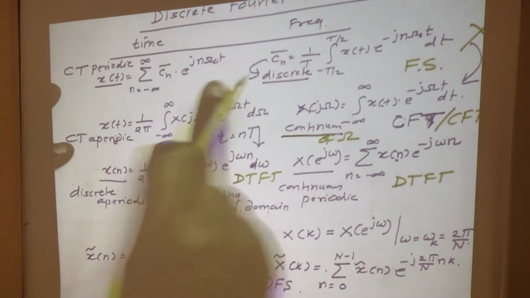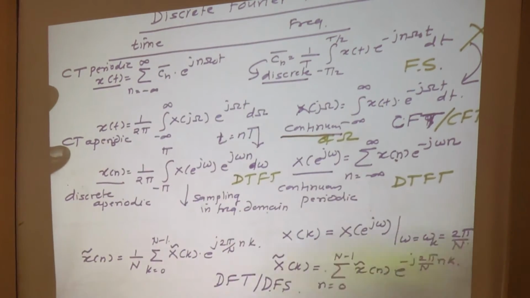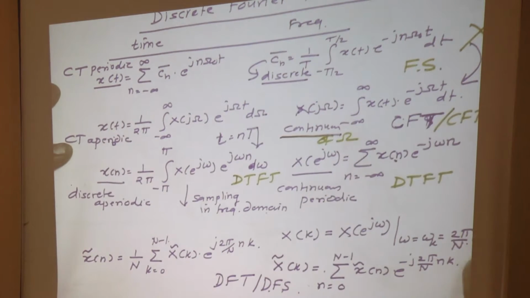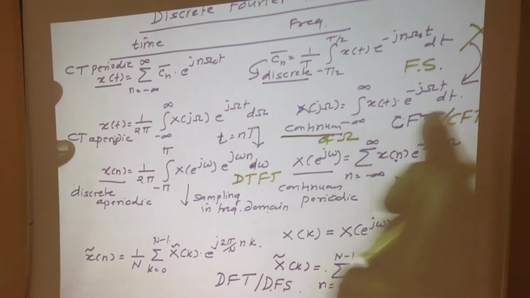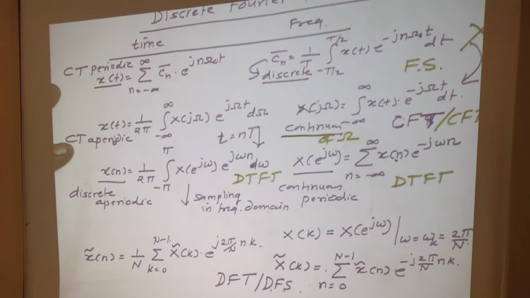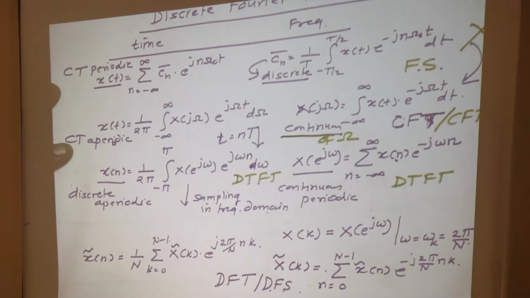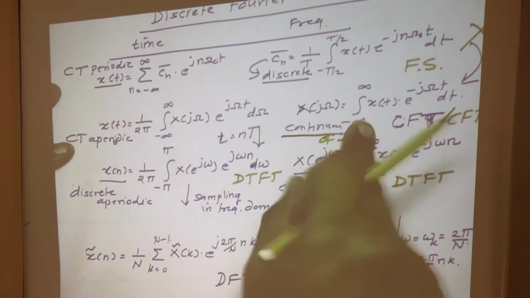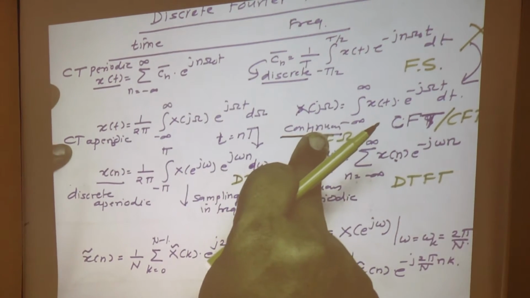Since infinity is not realizable, these equations cannot be implemented on a digital computer. So also is this, where it's continuous. Digital talks about only discrete. This cannot be implemented because the function is continuous, and it is also infinite, from minus infinity to plus infinity.